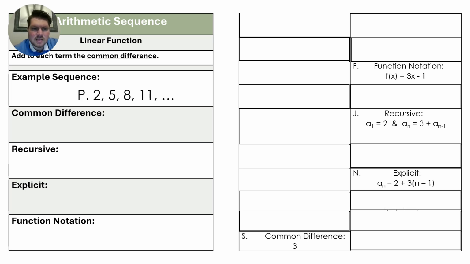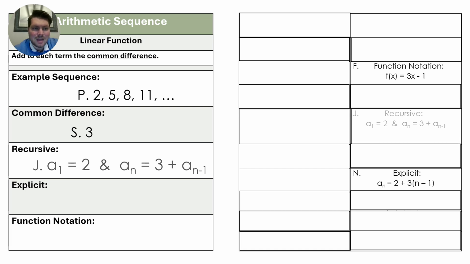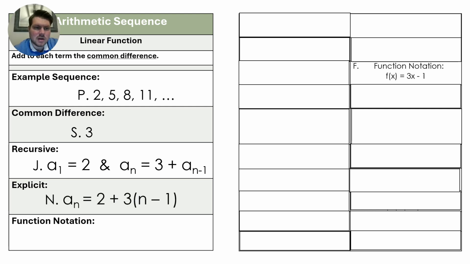The pattern is P. It's going up by 3's, so the common difference is 3. And then there's only one example where it starts at 2 and it's adding by 3, which is J, for recursive at least. And then similar for explicit, it's starting at 2 and adding by 3 each time.